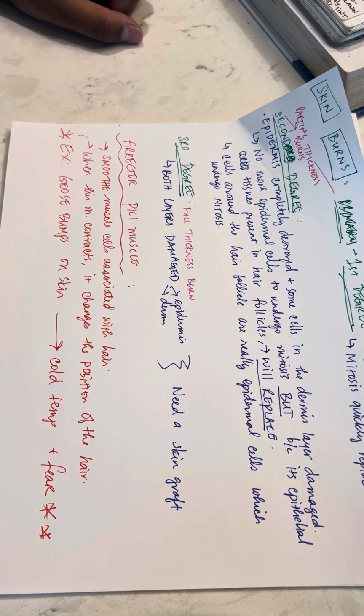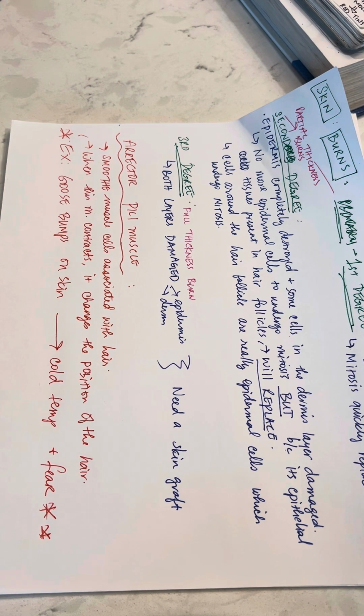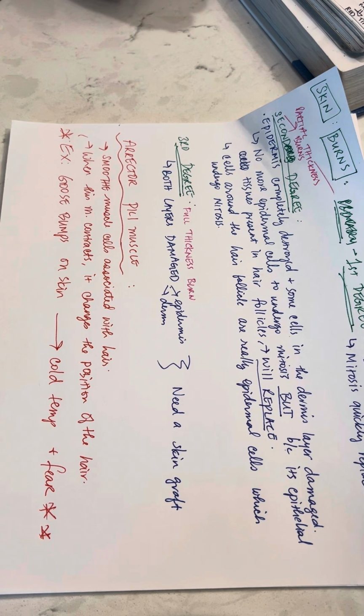So what causes goosebumps? The contraction of the erector pili muscle, okay? And you can see that in the picture in figure 3.3. You'll see where the erector pili muscle is and how it's attached to the hair follicle, and you can take a look at that.